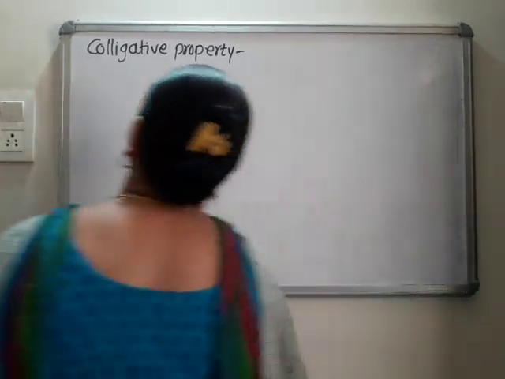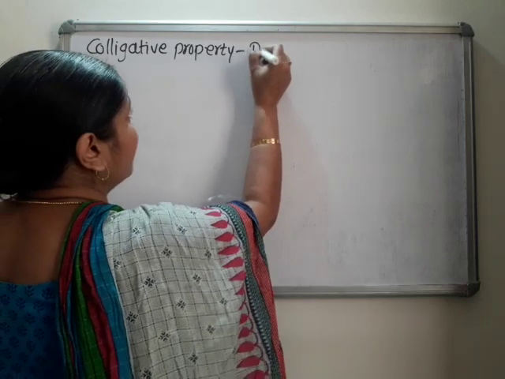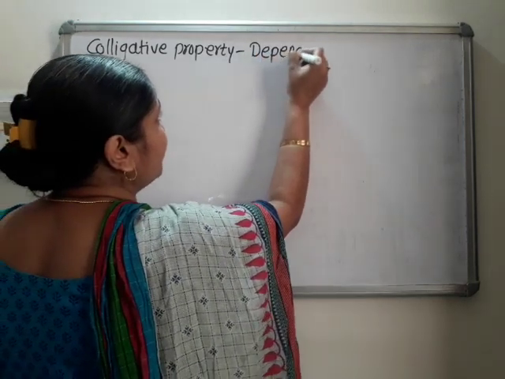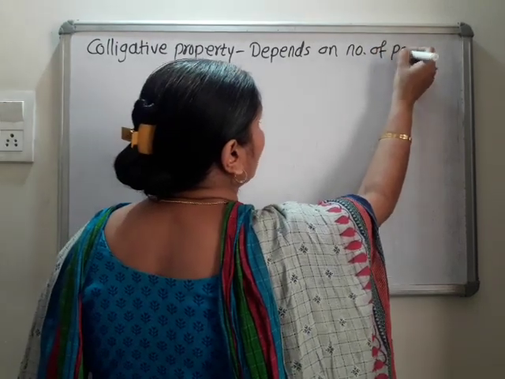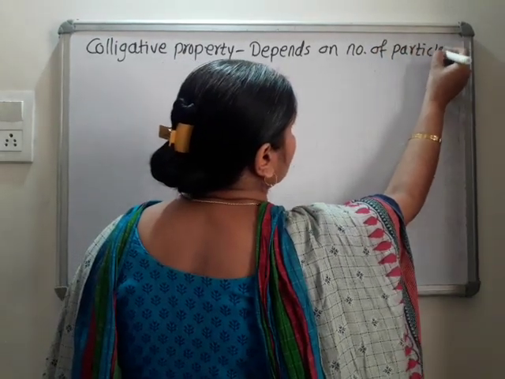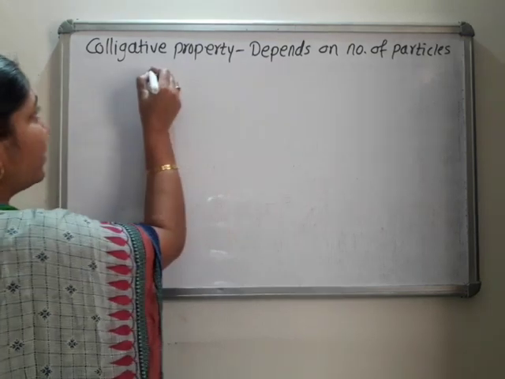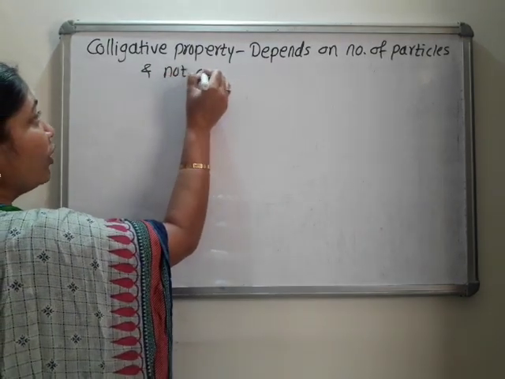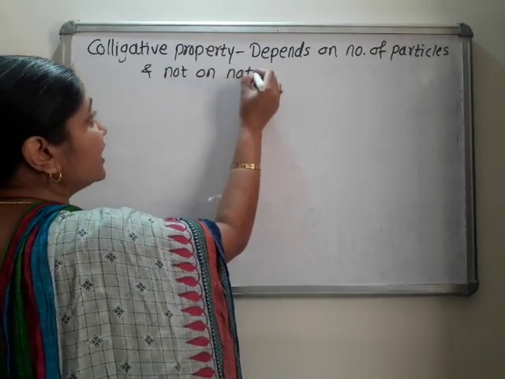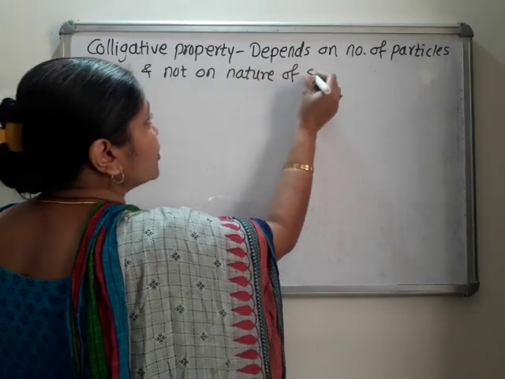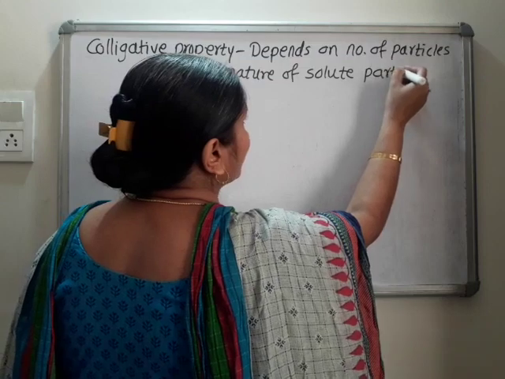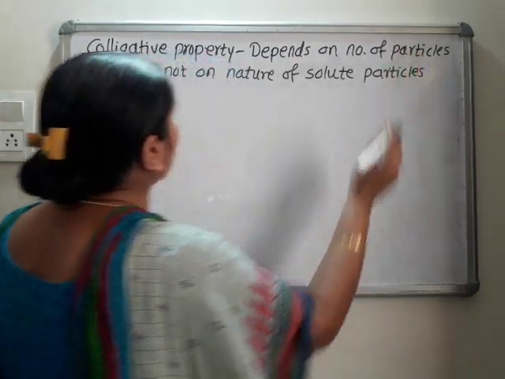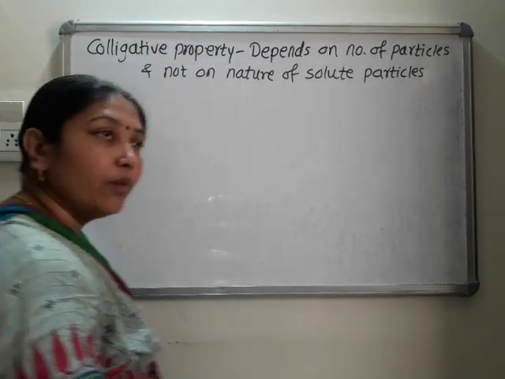So colligative property is a property which depends on the number of solute particles and not on the nature of solute particles. That is called colligative property.